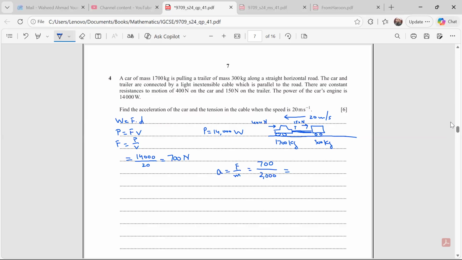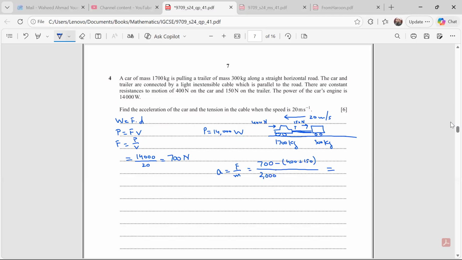Sorry, it's not 700, it is 700 minus the resistive force of 400 and 150. Okay, so the resistive force is 400 and 150. So the force provided by the car engine minus these resistances is the net force which is causing the acceleration. Okay, so let me remove this and I have to calculate this quantity, right?